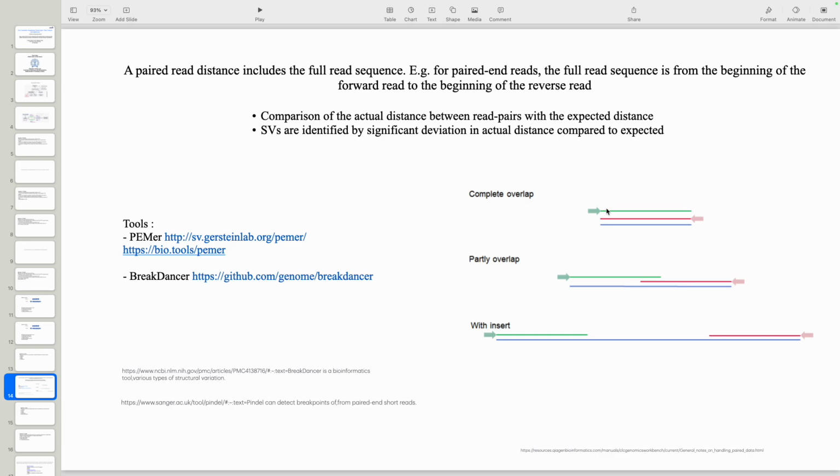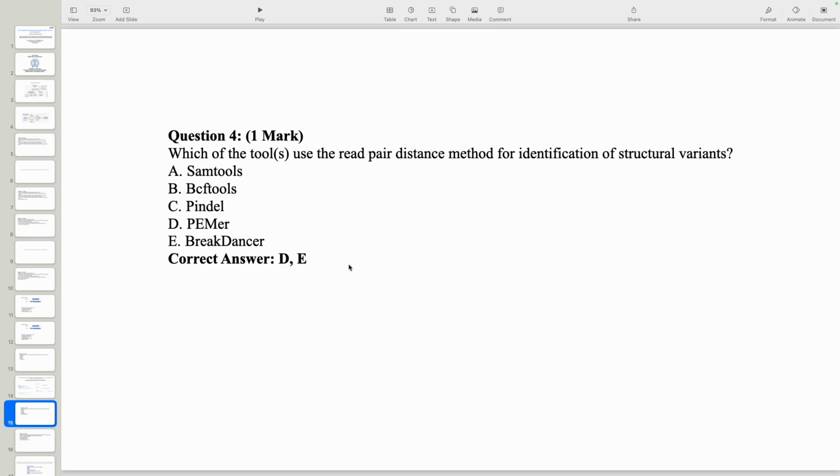Based on such inferences, we can comment on the type of structural variation by calculating the read pair distance. These are the two tools, where we give our data and they allow us to find the read pair difference among the reads. So the correct answer for this question is D and E.